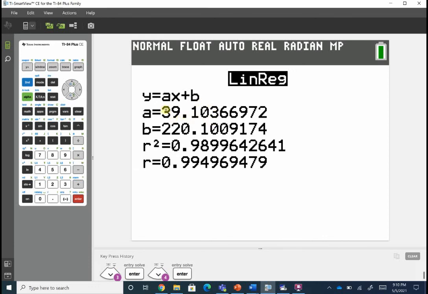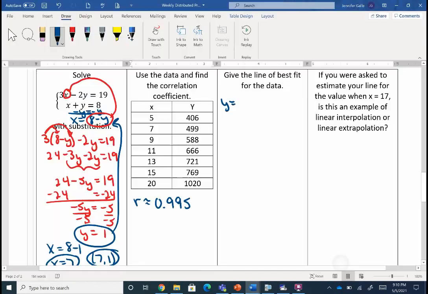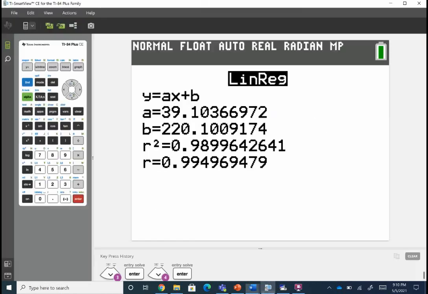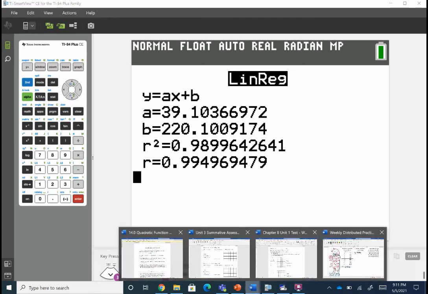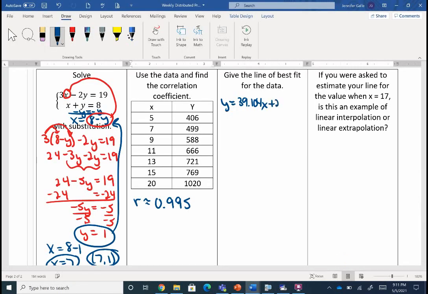So we're going to have y equals 39.104x, and then plus our b, which is 220.101. And that would be the line of best fit for our data set.